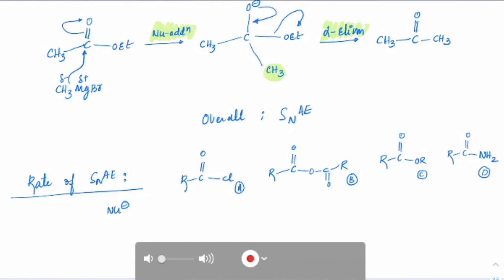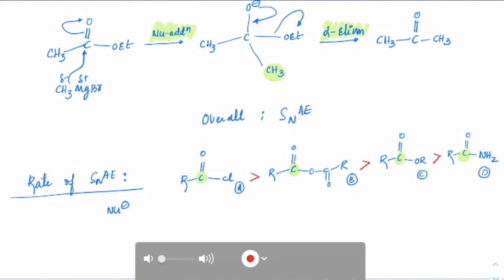Now, if you see the rate of this SNAE, the rate for this would be more than this. The reason is the delta positive charge which can be attained on this carbon. The more delta positive charge they can get, the more the reactivity, because the nucleophile will attack at a faster rate.